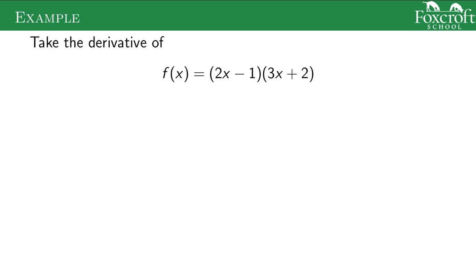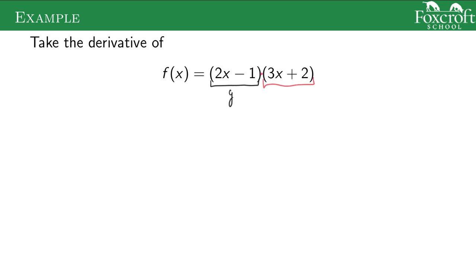So let's find the derivative of this function. For really most of the functions we're looking at now, you could just multiply them out and use the power rule. But we're going to use the product rule because it's practice we need for when we introduce more complicated functions later. But we have these two different functions being multiplied together.